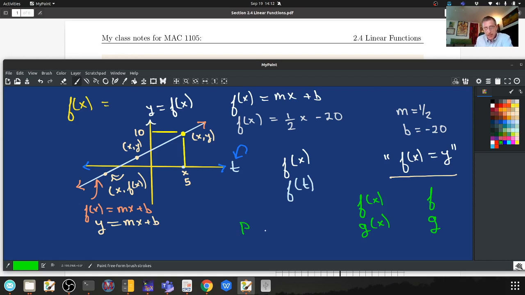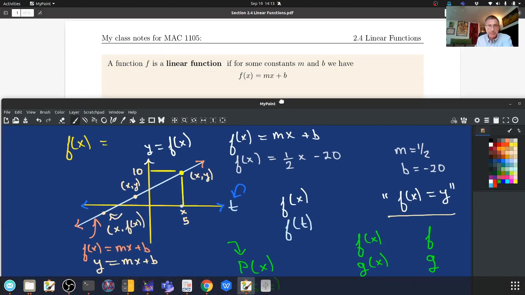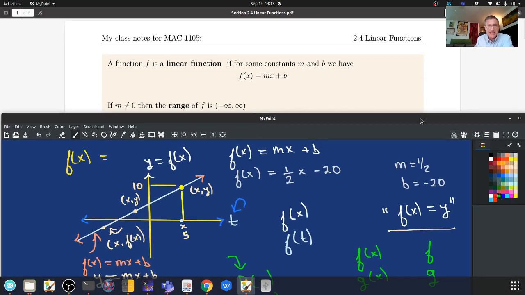It could be p of x, or capital S of t if our input variable is t. All of these just name a particular function. There's nothing really special about f, but f is kind of our default, probably because it has the same first letter as the word function.